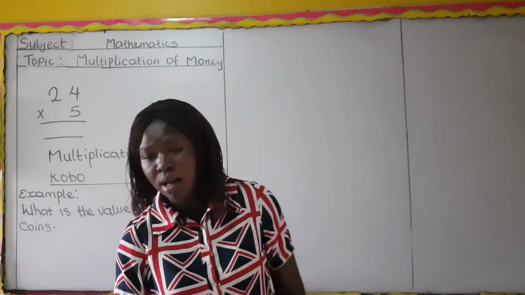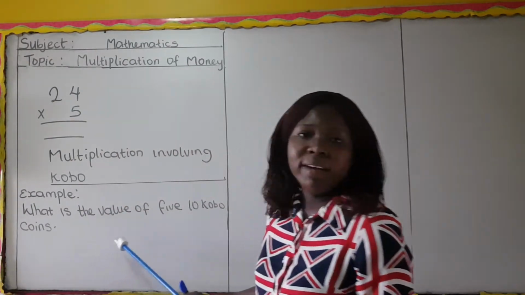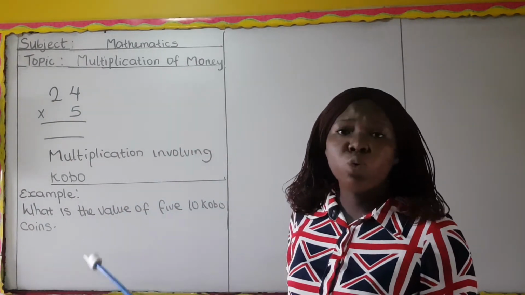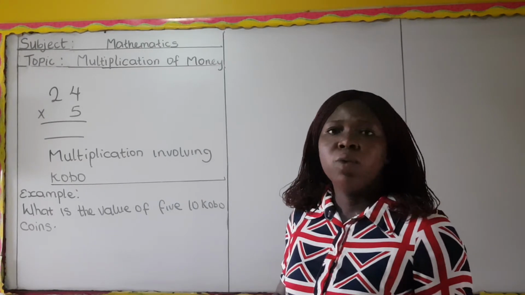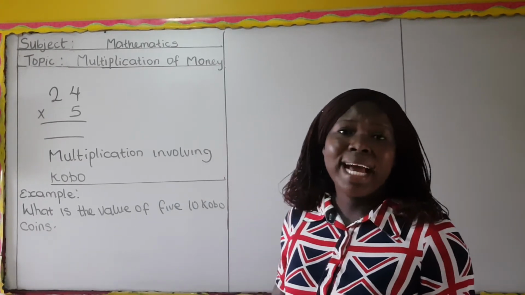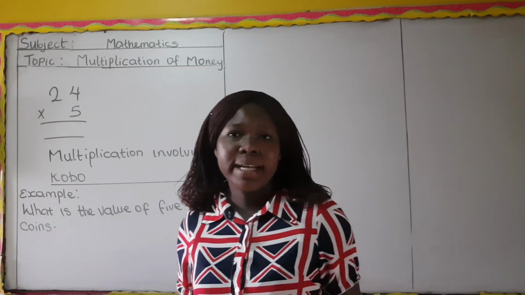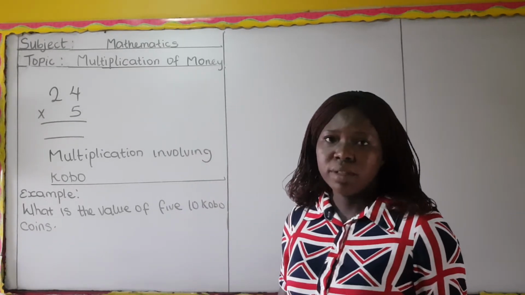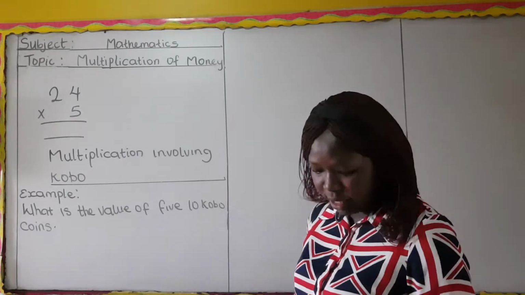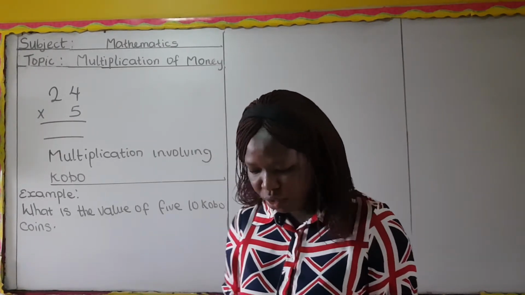Now, we'll be solving this question by using two methods. We'll be using the repeated addition method, which is a form of multiplication, and the direct multiplication method. So let's start with the repeated addition method.